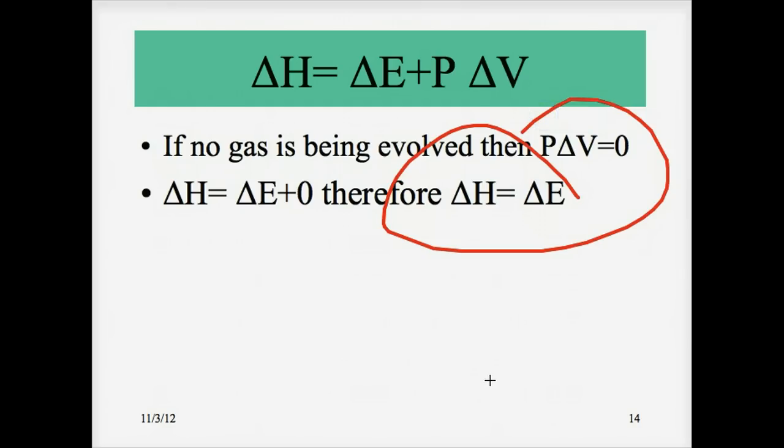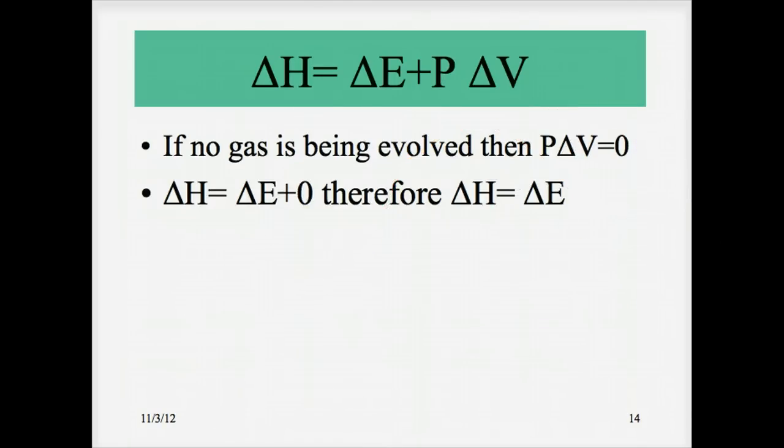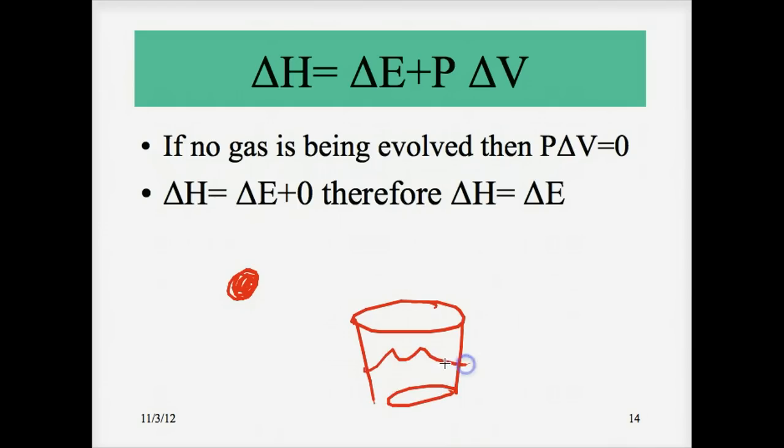In layman's terms, what am I talking about here? It sounds really confusing. I'm basically saying that the energy given off by my ring or my copper penny, here's my copper penny, here's my coffee cup, the energy given off from warming up my copper penny and putting it into the water is only going to be thermal energy. I don't have to worry about this P delta V.